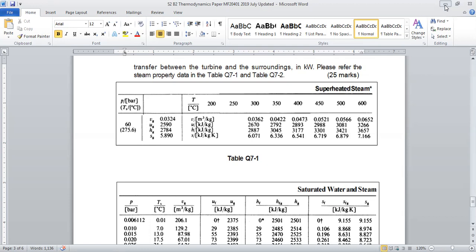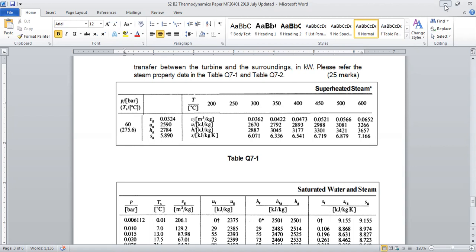So there will be a minimum of 2, so 2 times 4 is 8. So somehow there will be 8 questions, no sections maybe. If anything more than 8, we will have sections. Part A, part B like this. Okay, and part C.